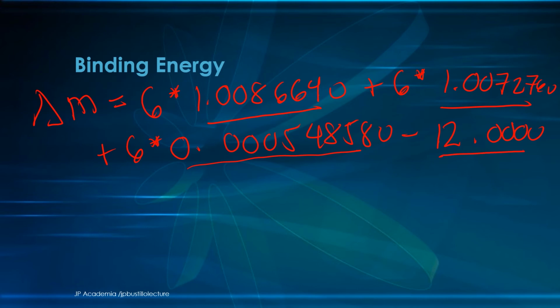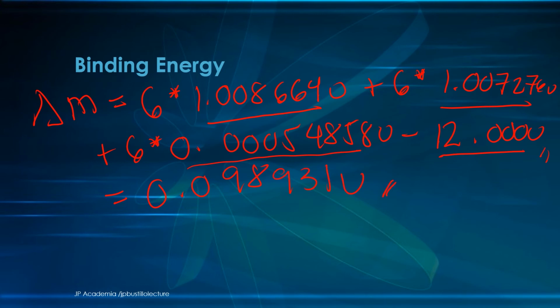Note that we have defined the atomic mass unit in terms of carbon-12. Thus, we can calculate a value for the mass defect of about 0.098931 u.